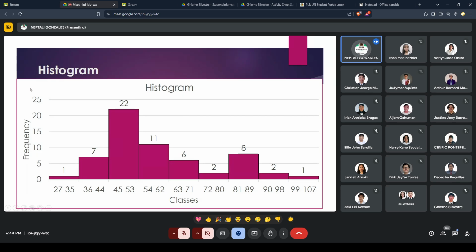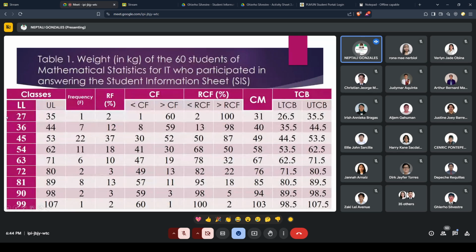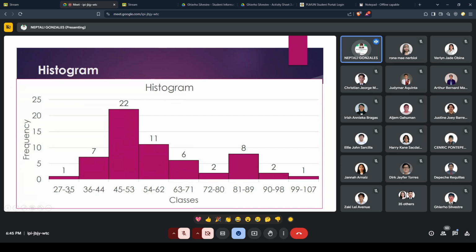These are the frequencies from 0 to the highest frequency, which is 22. Below are the classes: 27 to 35, 36 to 44, up to 99 to 107.